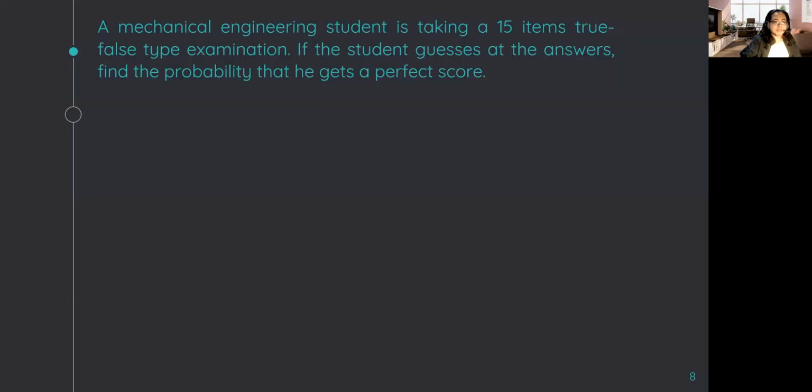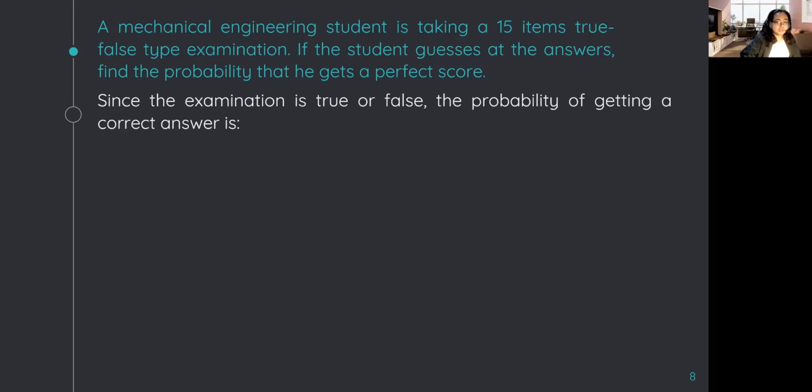And for our final problem, a mechanical engineering student is taking a 15-item true or false type examination. If the student guesses at the answers, find the probability that he gets a perfect score. Since the examination is only true or false, the probability of getting a correct answer is 50-50, or 1/2, or 0.5.